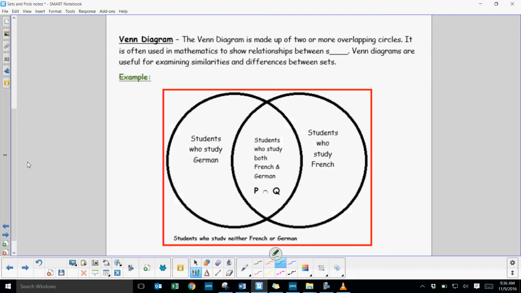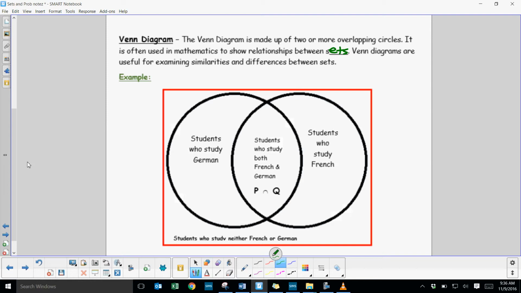So relationships between sets. Venn diagrams are useful for examining similarities and differences between sets. For example, we have the intersect.